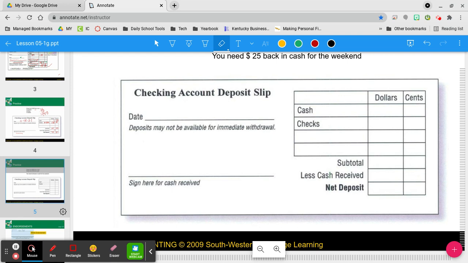Just use today's date, the 18th. You could just write down work or pay, just abbreviate it by the check, so you know what check you deposited.